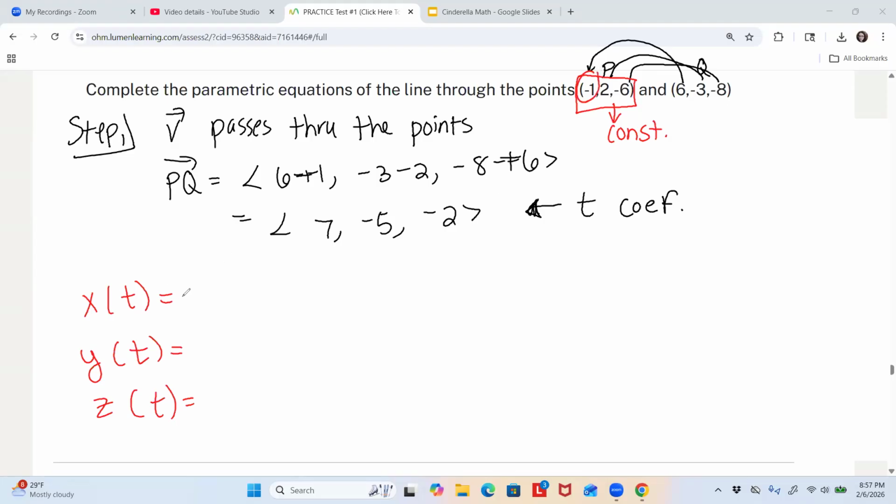So our constant for x would be -1, and then the t. So that's a positive 7t. And then for y, put your y constant, so the point for y was 2, and then do your coefficient, which we found in that vector, minus 5t. Then put your z constant, which is negative 6, and then your t, negative 2t.